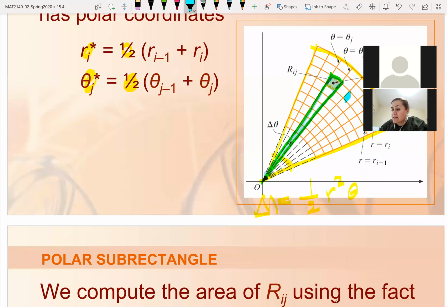So these pieces are not a perfect rectangle region. So it's not really length times width to get the area of these pieces. So it has an extra factor, which is really subtracting the smaller sector from the bigger sector to get this region.